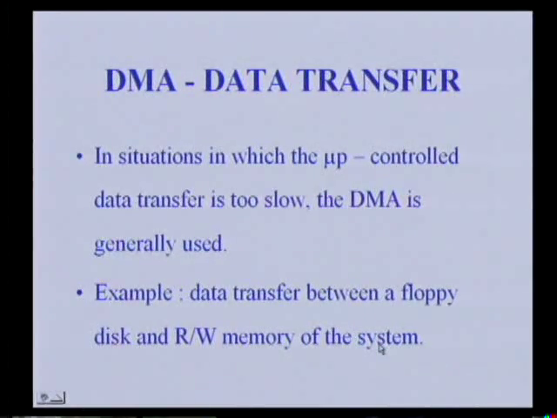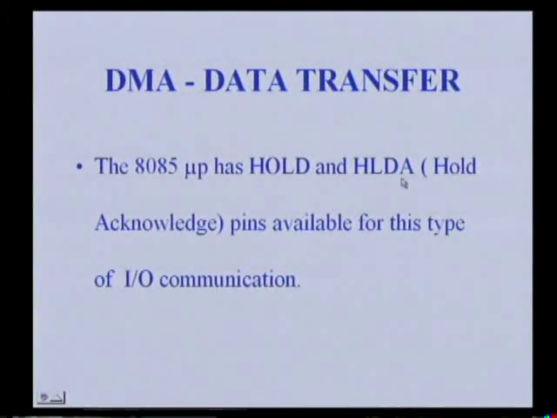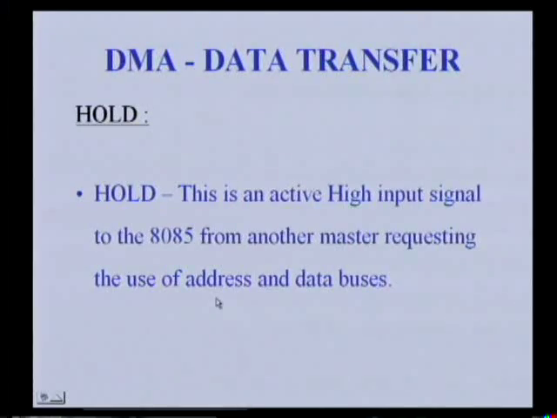For doing this job, the microprocessor has two pins, hold pin and hold acknowledge. Let us see it in the next slide. The 8085 microprocessor has hold and hold acknowledge pins available for this type of I/O communication. First, let us see hold pin. Hold is an active high input signal to the 8085 microprocessor from another master requesting the use of address and data buses.